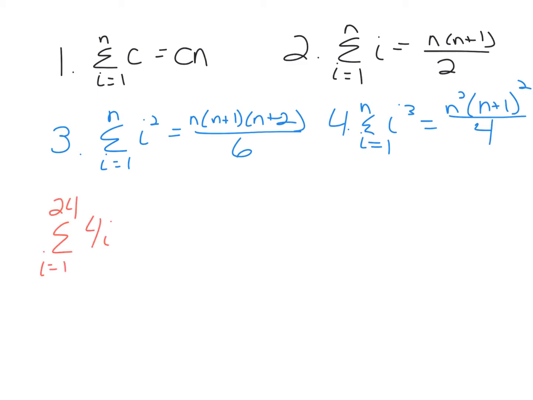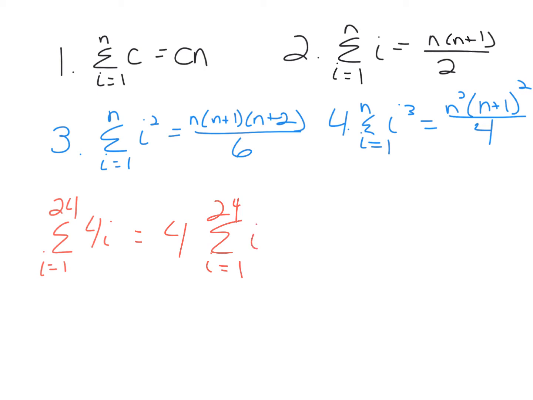Example of this, we have i equal to 1 to 24 for the summation of 4i. So where we see i, we see i with the formula right here, right? And also we can just take a 4 out momentarily and go 24, i equal to 1, and i.